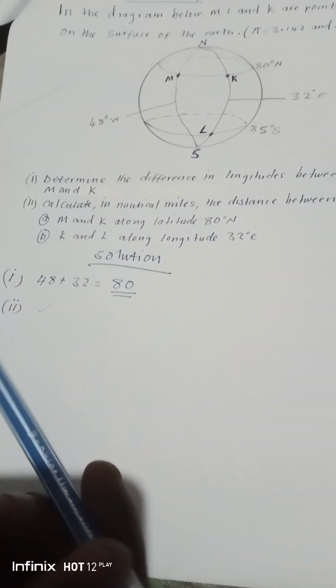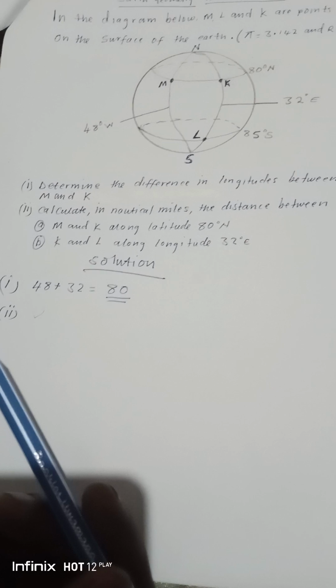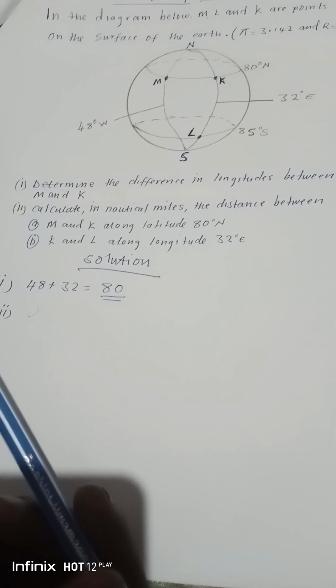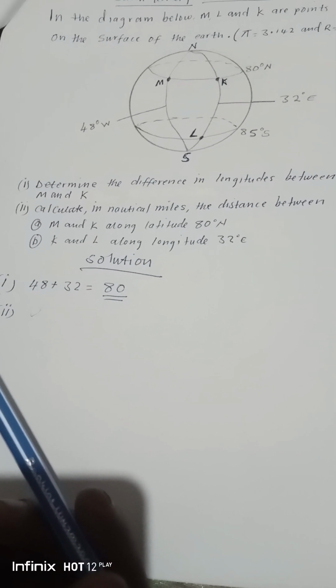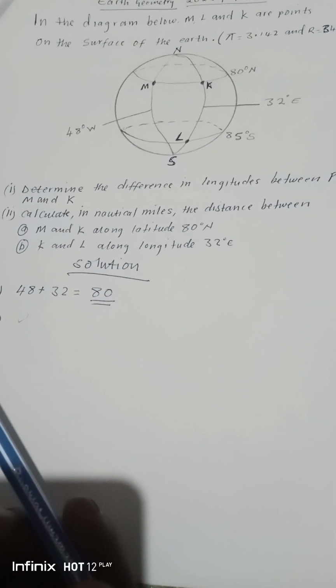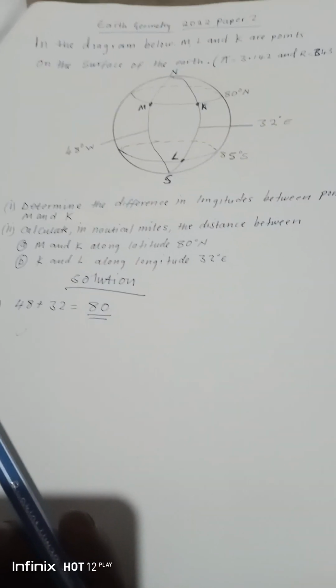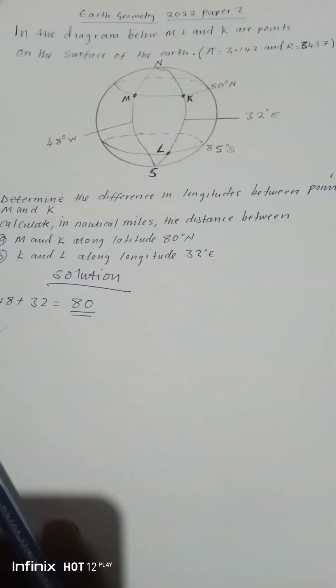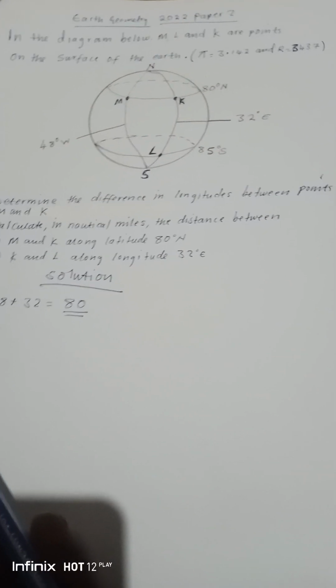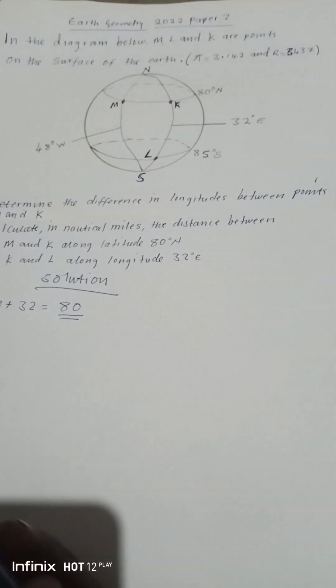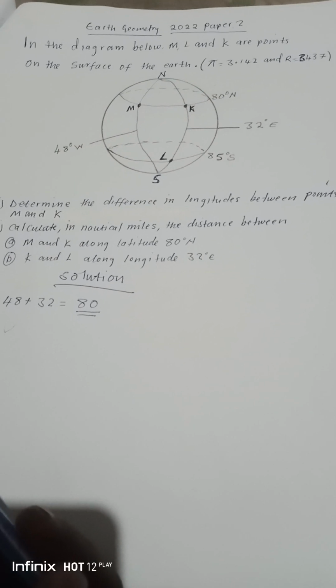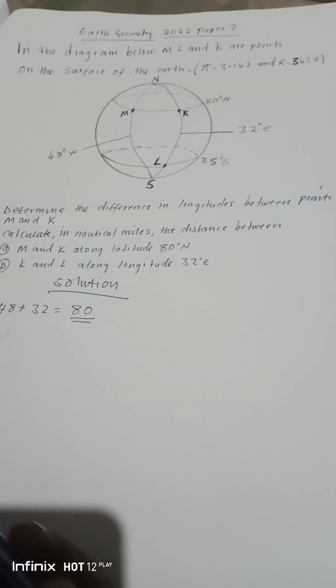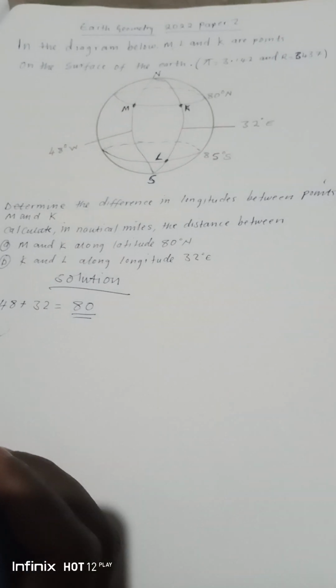On this part of the question, we have formulas that we need to apply to find the distance between 2 points, either along latitude or longitude. For this one it is along the latitude line.